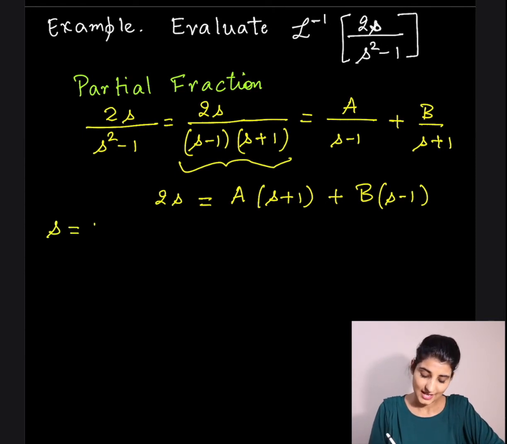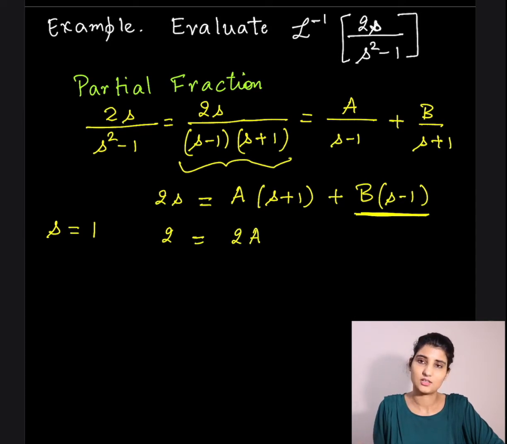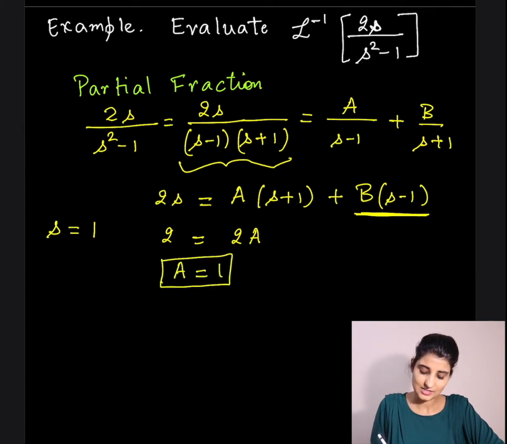If you choose s equal to 1, the term b times s minus 1 will be 0. You will get 2 equal to 1 plus 1, 2a. So if you divide by 2, you will get a is equal to 1.